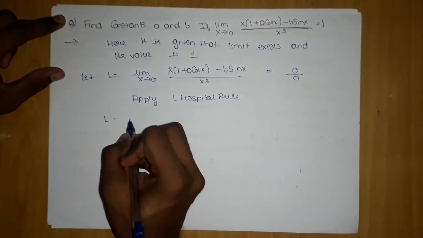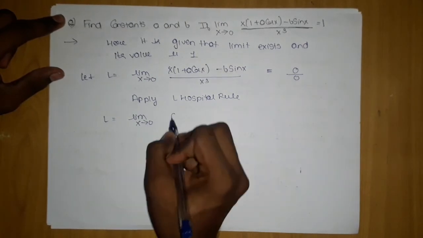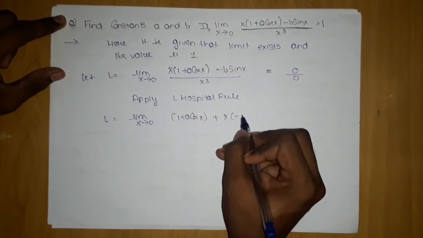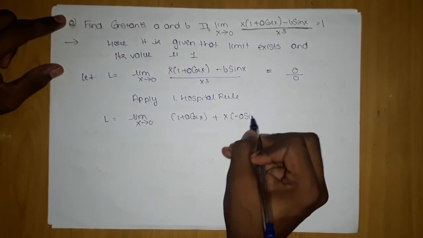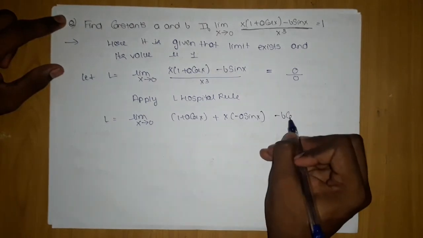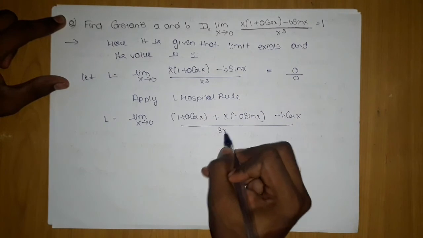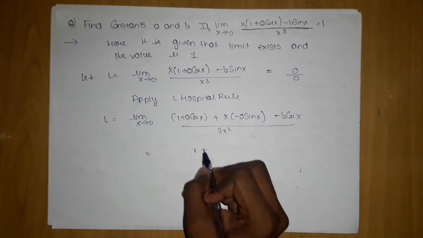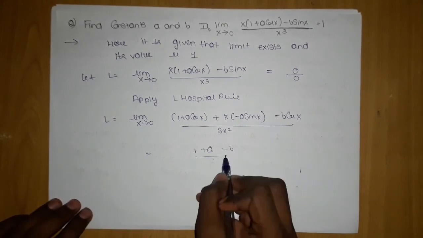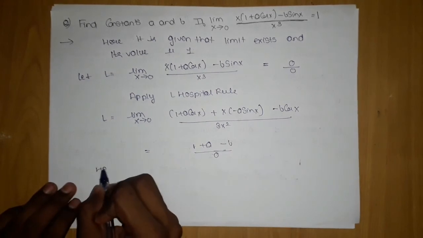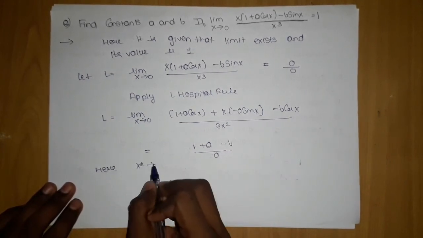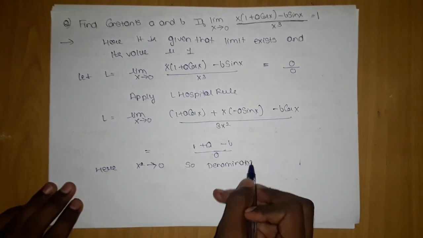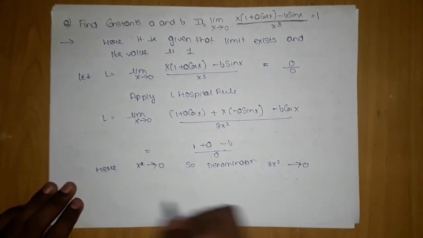We get, if I put the values, I will be left with, this will become 0. Here x square tends to 0, so denominator 3x square tends to 0.